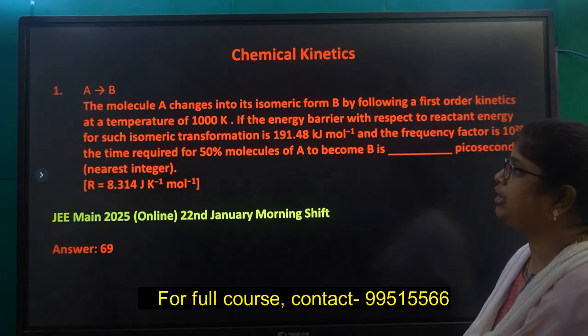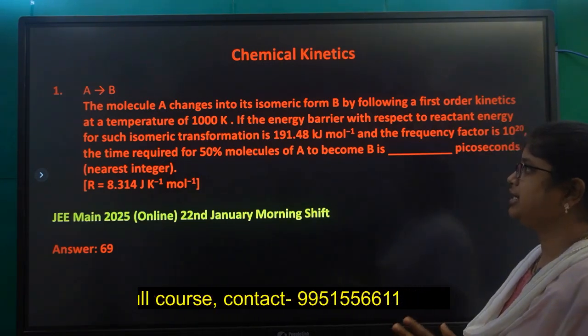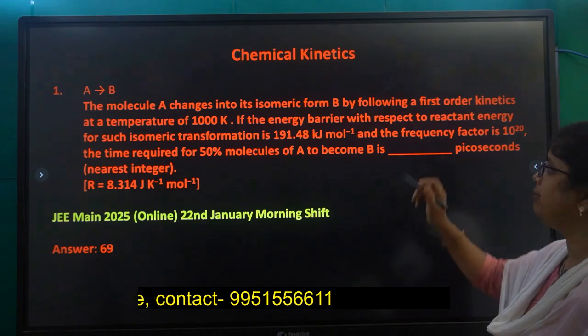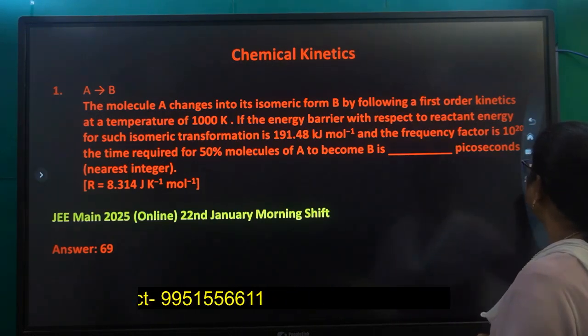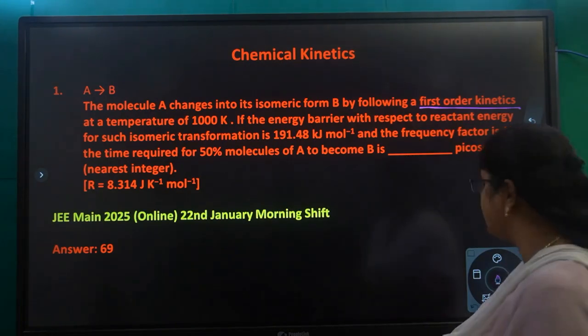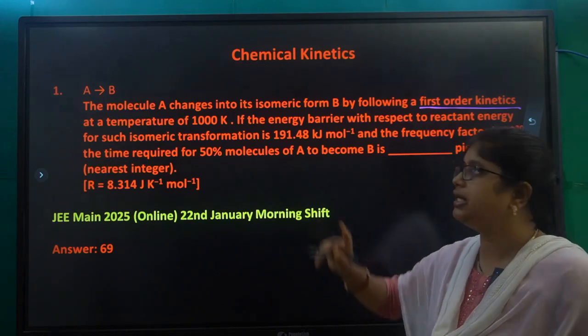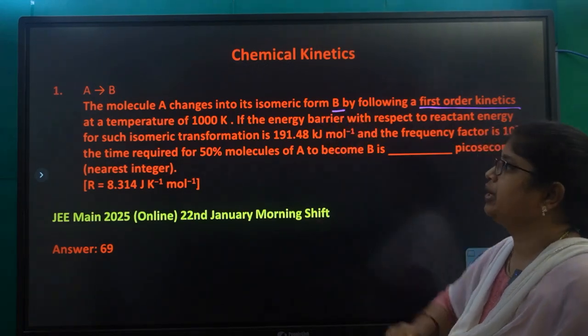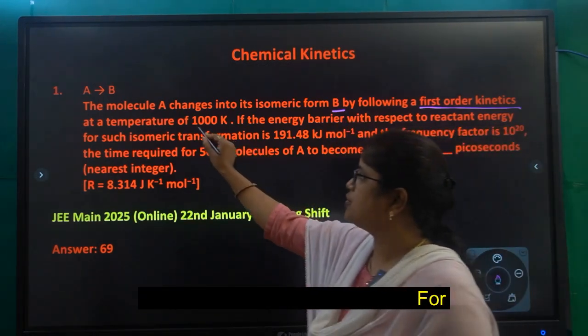The molecule A changes into its isomeric form B by following first order kinetics at a temperature of 1000 kelvins.